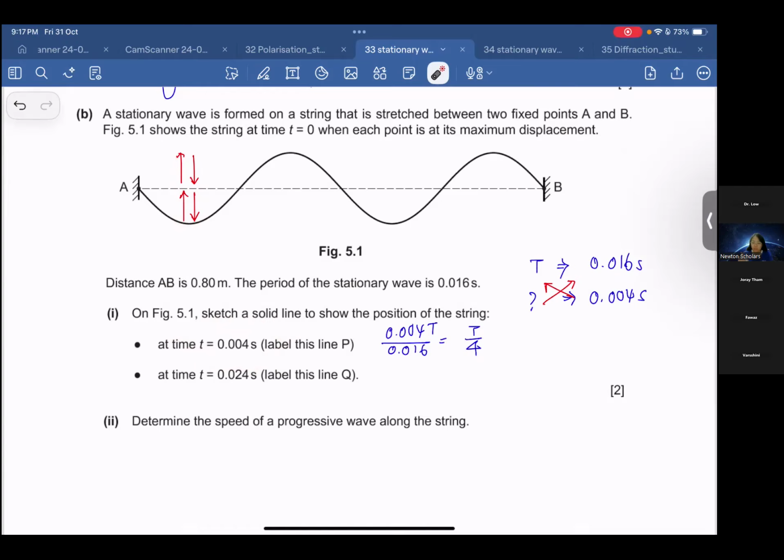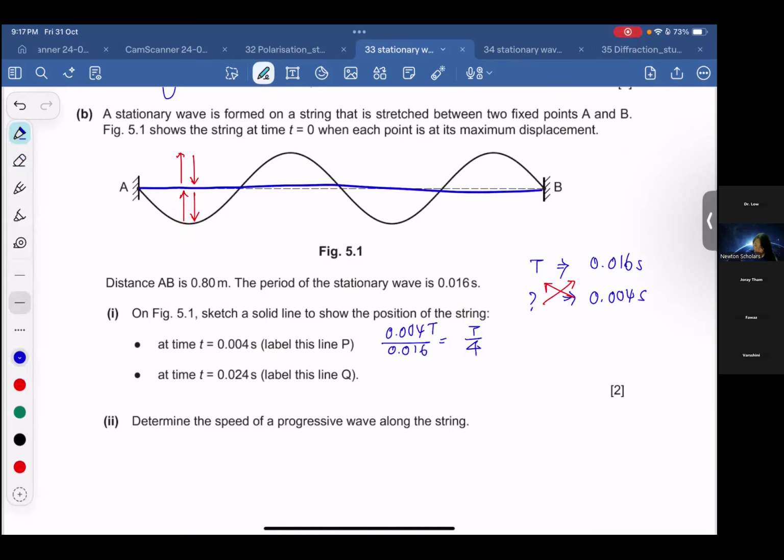So here, moving up is 1/4 T. So that means this one will come to here. This one is going down, going down, going up, going up. So that means this one is also going down. So at the end, at t equals 0.004 second, the pattern is exactly a straight line. We label this as line P.